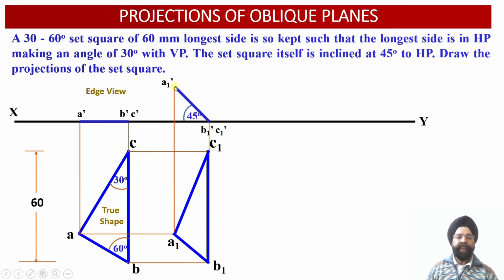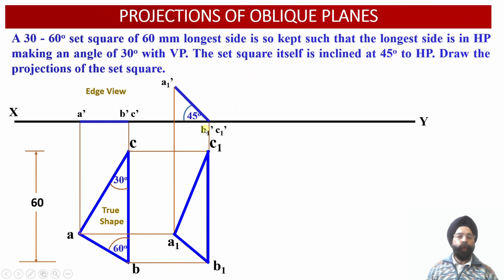So let us see, from point A1 dash, we have drawn a vertical projector downwards. Extend this projector downwards till it intersects with the horizontal projector which has been drawn through the point A from the previous plan projection view. So this intersection of these two projection lines will provide us with point A1.